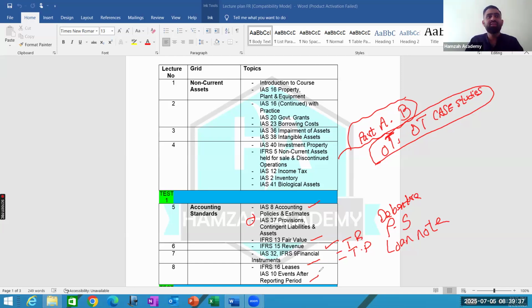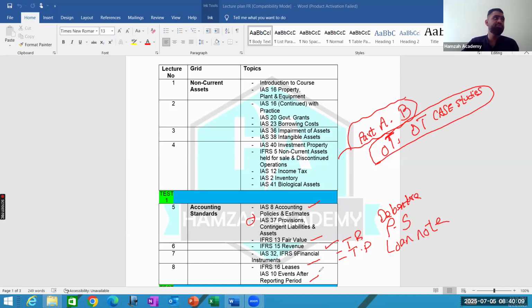Then we have IAS 10. IAS 10 is an accounting standard in which we will talk about events after the reporting period. The after reporting period means the period which starts immediately after the year end, and that period ends when the financial statements are authorized for issue.